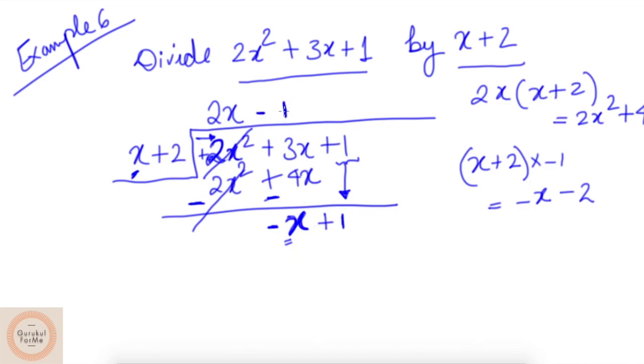So if I multiply minus 1 with x plus 2, this is what we get, minus x minus 2. Why did I do that? I did it because I wanted to make sure that the first term is minus x. Now I subtract both the terms. So once I subtract, this minus becomes plus and this plus becomes minus.